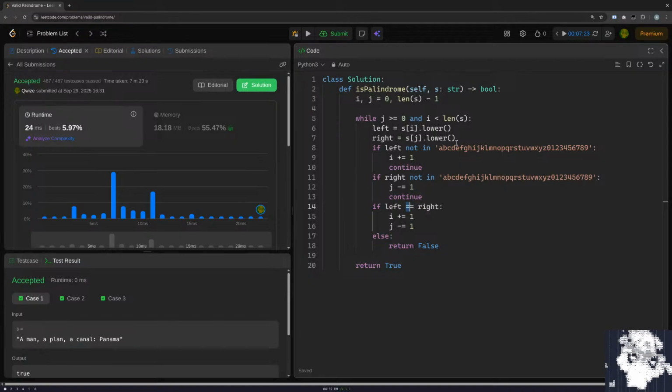Okay, so we can just say if it's not equal to right, return false. And then just decrement in the normal way. I think that's as much golfing as I feel like doing.